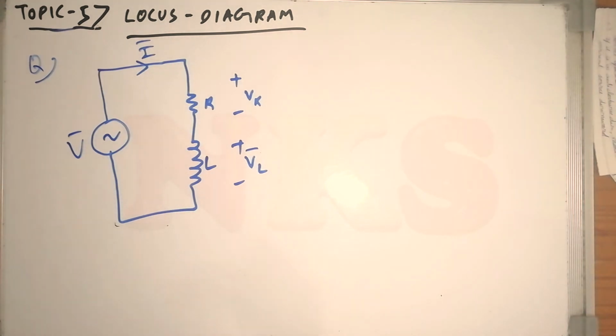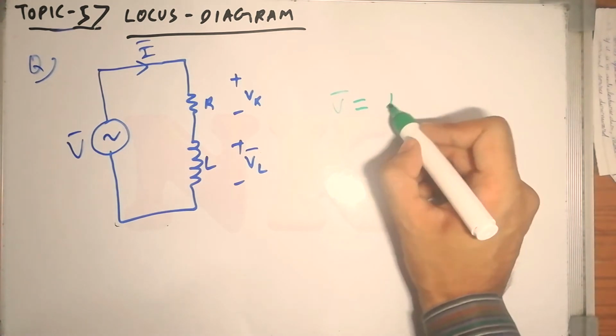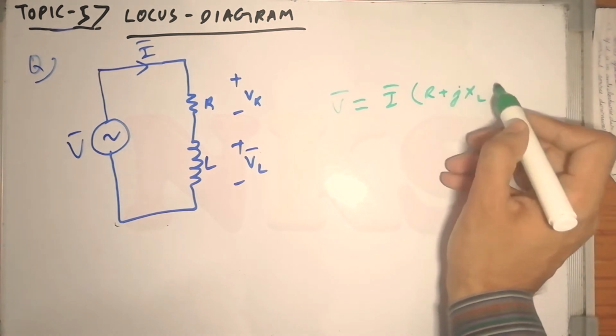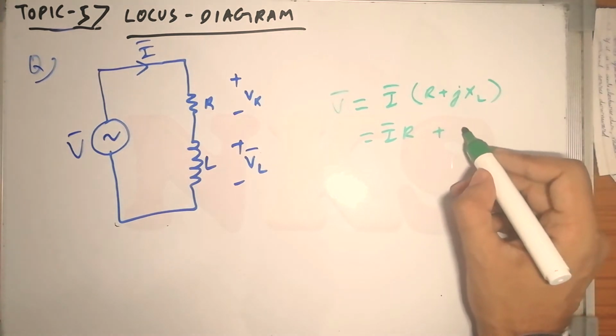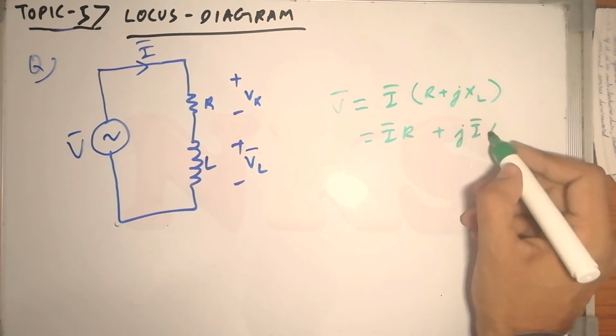If you are asked to draw the phasor of a given circuit, then only one thing you should remember: first apply KVL or KCL so that you can write down one equation. So we can easily write the KVL: V phasor is equal to I phasor, or in this fashion, I bar times R plus jXL. So this will be j I bar XL.